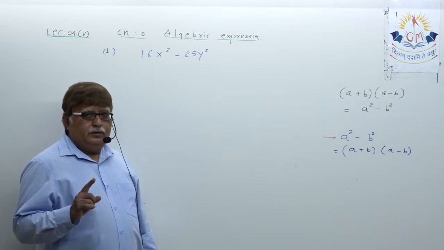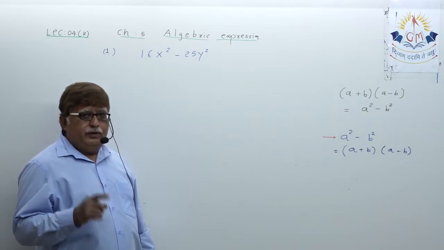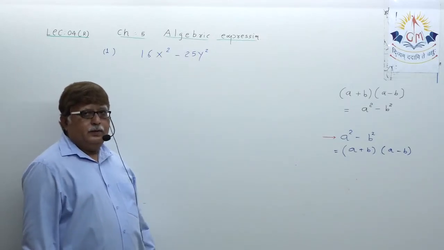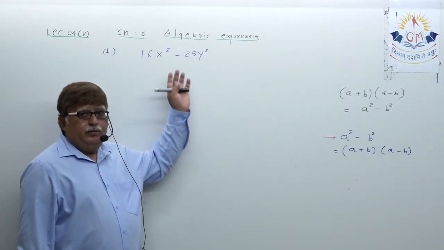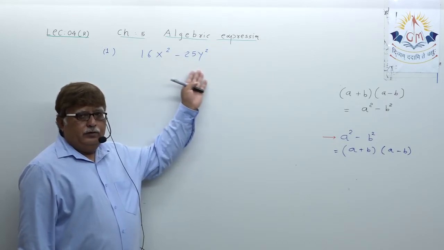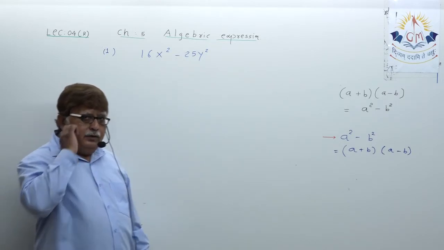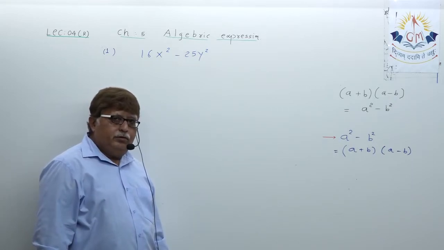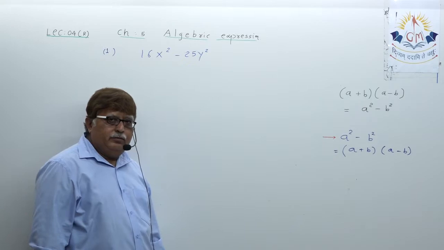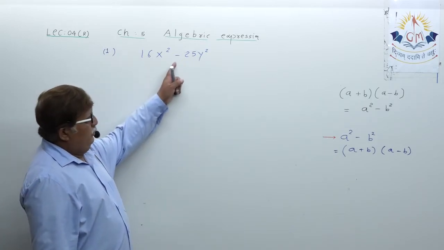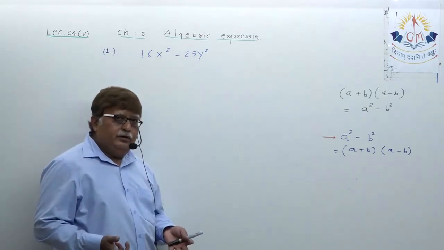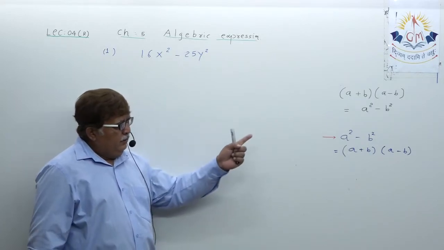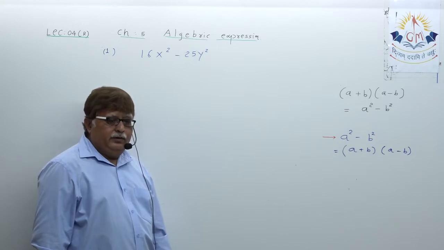Both are perfect squares. Yes, they are. Their square roots are possible, 4x, 5y. Third clue point: between these two terms there must be a negative sign. Yes, so you can apply this identity.